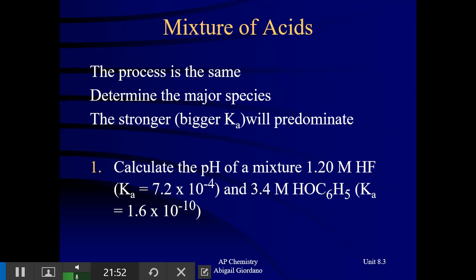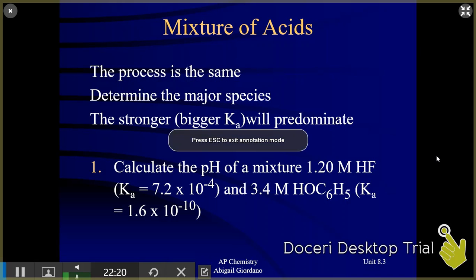Okay. Now, what does that mean? That means if we say that, yes, although they're both weak, HF is a little bit stronger, I can tell that because it has a bigger Ka value, that means HF is going to be contributing more H plus ions to the solution than the other acid is. And here's the great news. When you're calculating the pH, all you need to do is focus on the dominant acid.